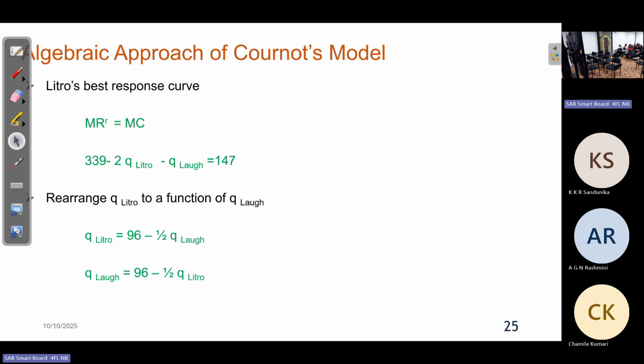96 into half is 48. Minus, this becomes plus, minus to minus. Now we have all the terms with this one term, like Q1, Q2, Q1. You can do it the other way around also; it doesn't matter.